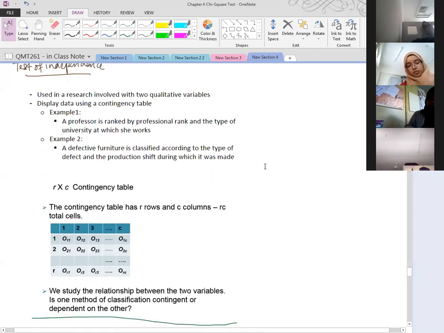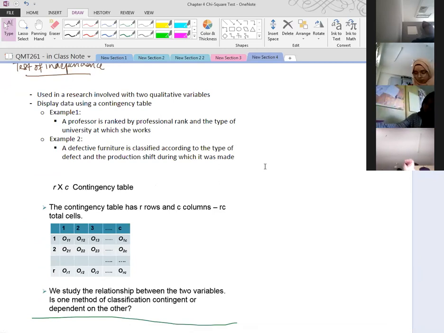So different from the test of goodness of fit, in the goodness of fit test we are testing the hypothesis for a single categorical variable, right?